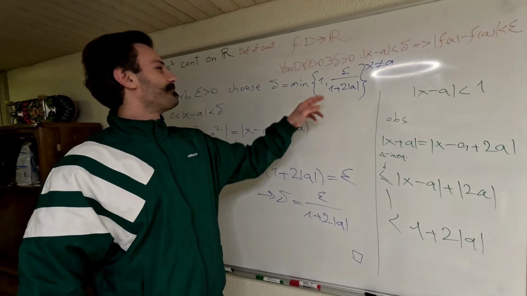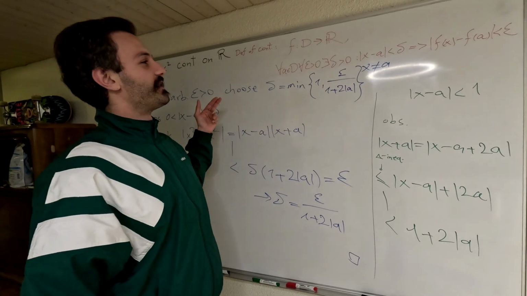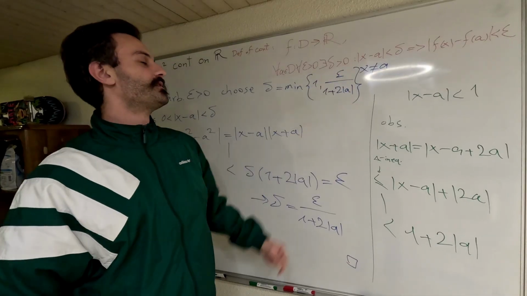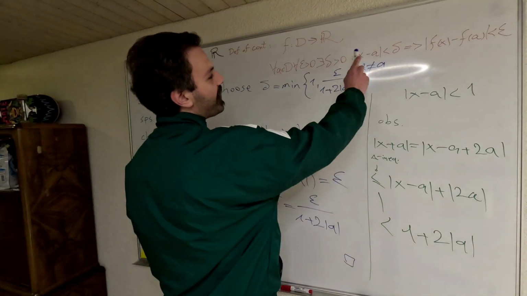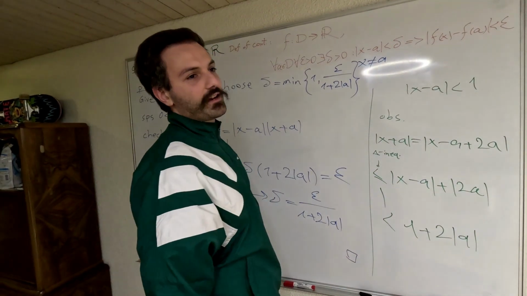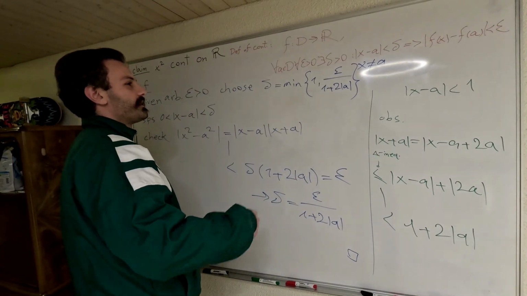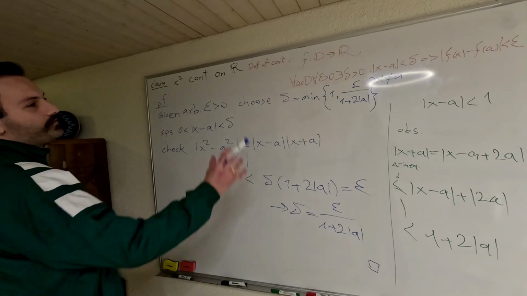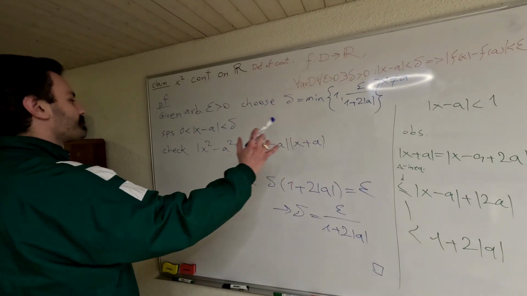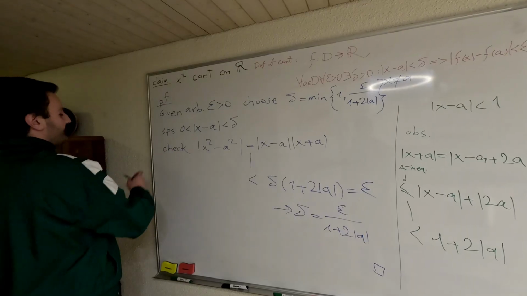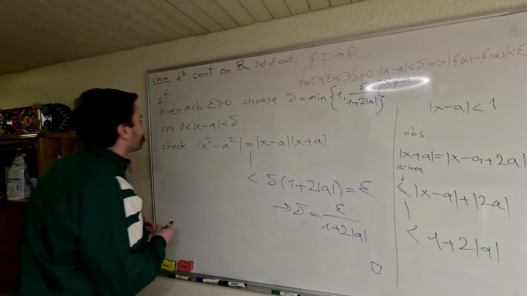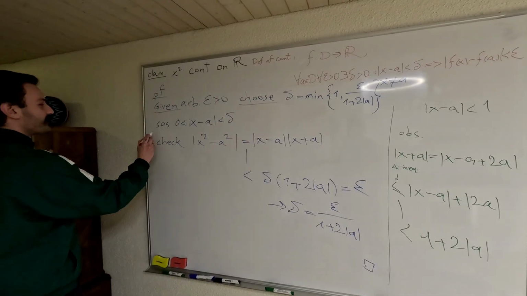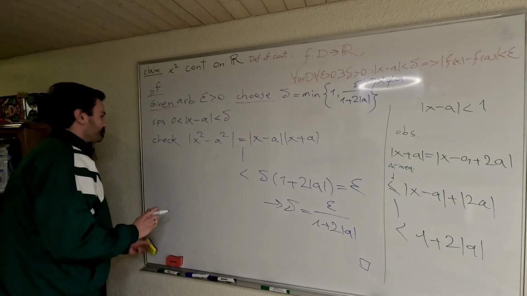That means that we have to calculate somehow a delta that depends on epsilon and a and is greater than 0, and such that the absolute value of x minus a less than delta implies the absolute value of f of x minus f of a less than epsilon. And we need to actually work with these two pieces. And then we have these magic words that I want to underline for you guys. This is actually a suppose.